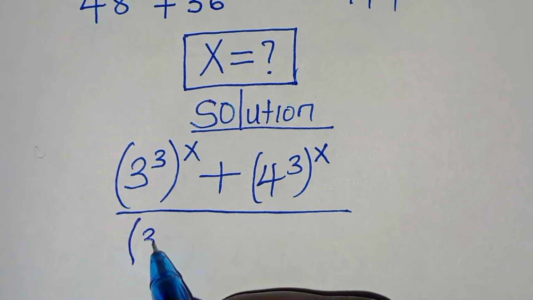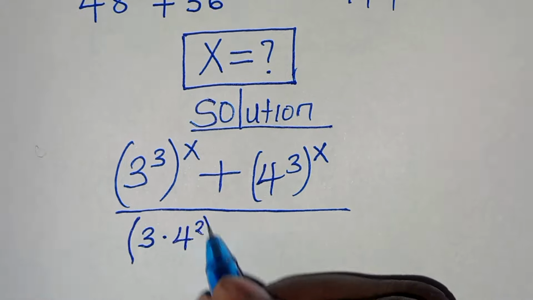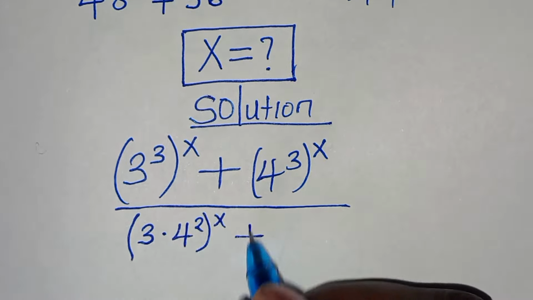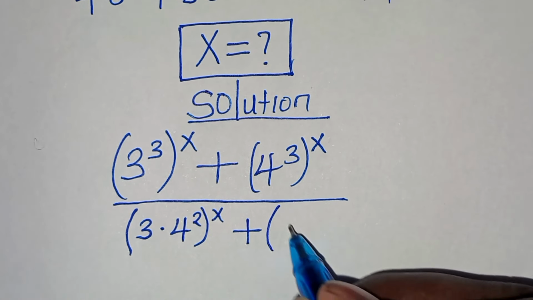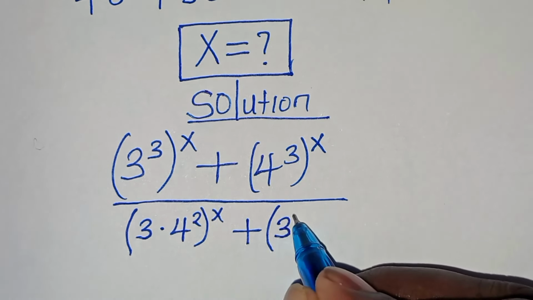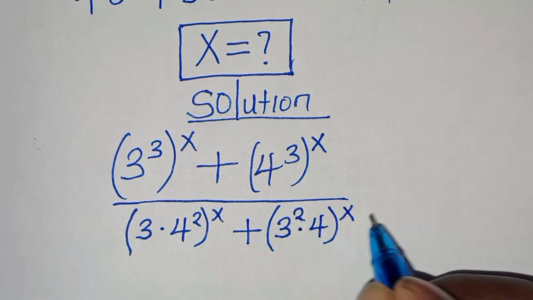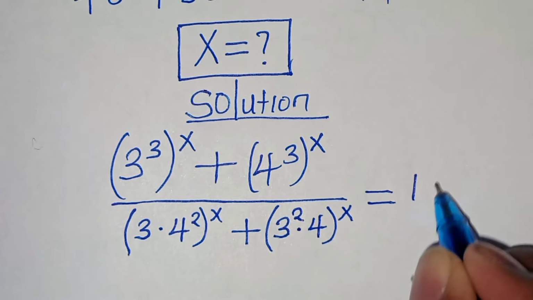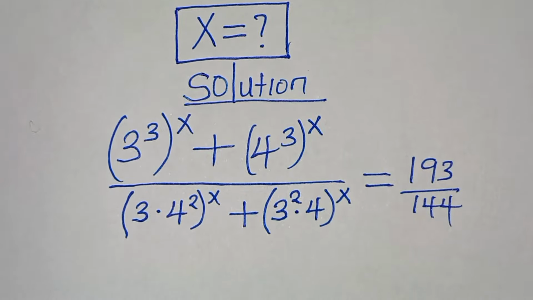This is the same thing as 3 times 16. 16 is 4 to the power of 2, then raised to the power of x, then plus 36 to the power of x. We can express 36 as 9, which is 3 to the power of 2 times 4, then raised to the power of x. This is equal to 193 divided by 144.